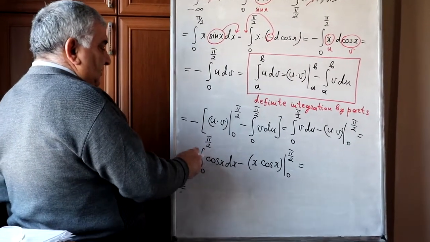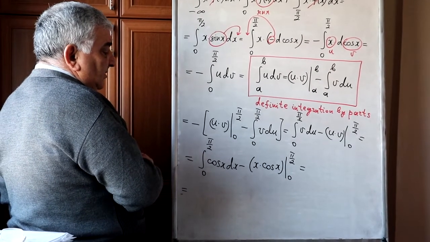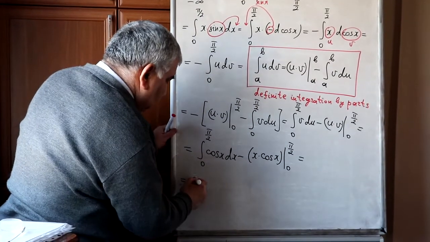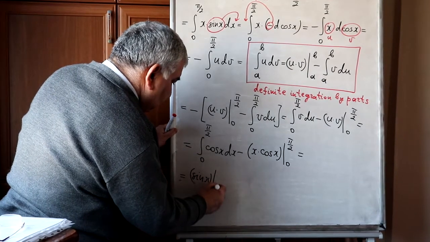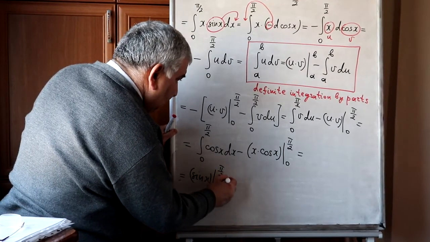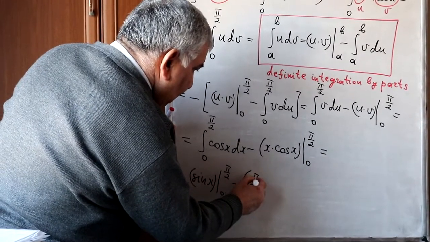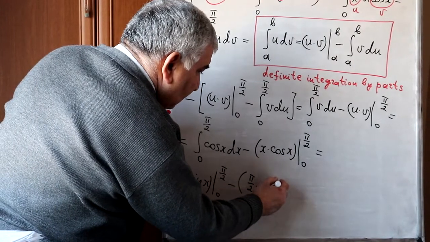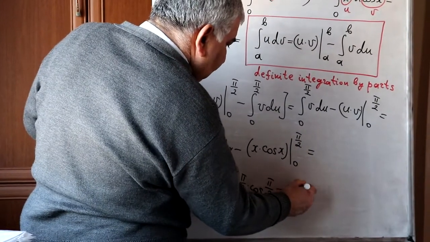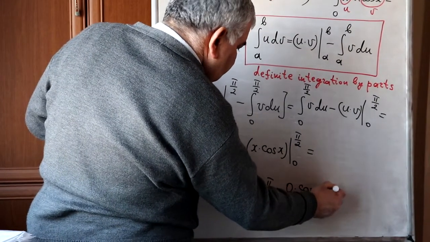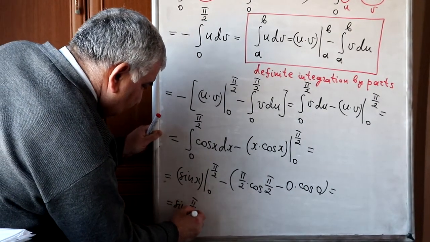Here the integrand is cosine x, and its antiderivative is sine x. Sine x with double substitution from 0 to pi in half, minus pi in half multiplied by cosine of pi in half minus 0 multiplied by cosine of 0, equals sine of pi in half minus sine of 0.